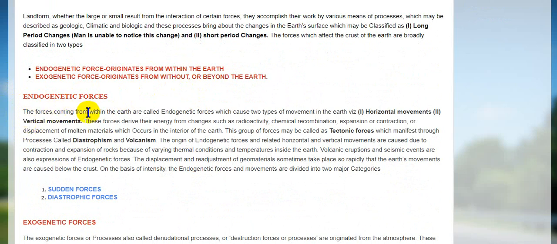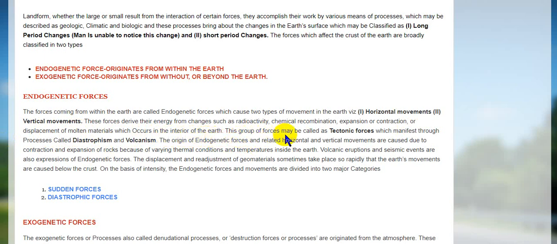The forces coming from within the earth are called endogenetic forces, which cause two types of movements in the earth, that are horizontal movements and vertical movements. These forces derive their energy from changes such as radioactivity, chemical recombination, expansion or contraction, or displacement of molten material which occurs in the interior of the earth.